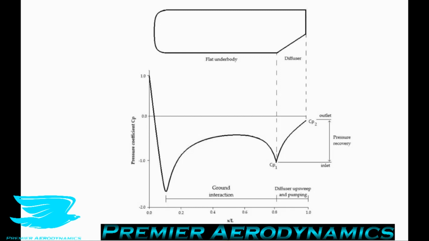But as you go underneath the body, the pressure coefficient drops to almost -2, and then it starts to increase a little bit, but it still stays negative, and this is due to ground interaction. Then once you get to the diffuser, it recovers, so you get the pressure coefficient going back to 0, so back to the free stream pressure coefficient effectively.